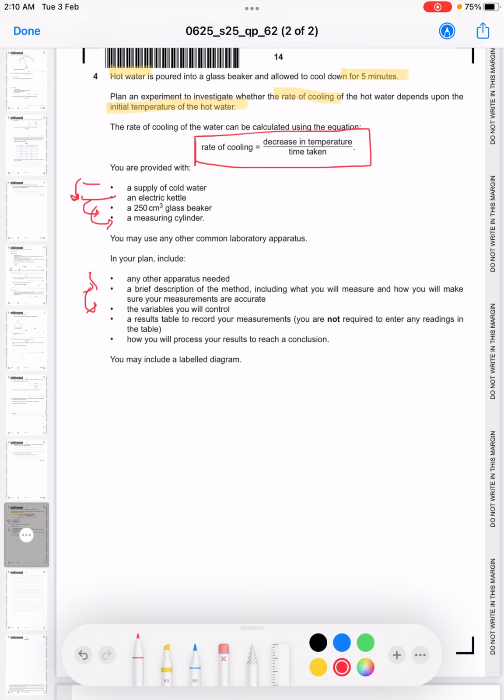So first thing is, I think we should draw the labeled figure. So we have the kettle. Let's suppose I am drawing it in this way. We have a kettle, you can write it as kettle. Then we have the measuring cylinder, which is filled with, let's suppose, 100 centimeter cube of hot water.